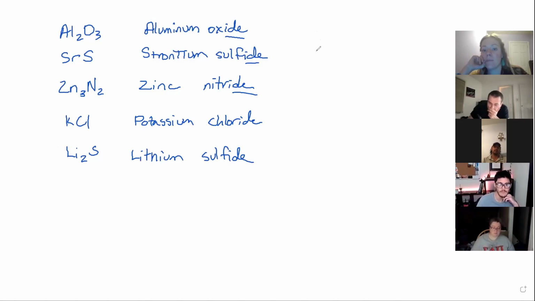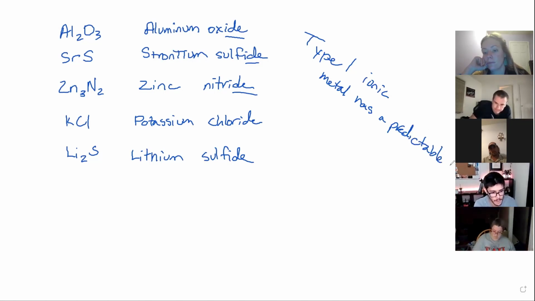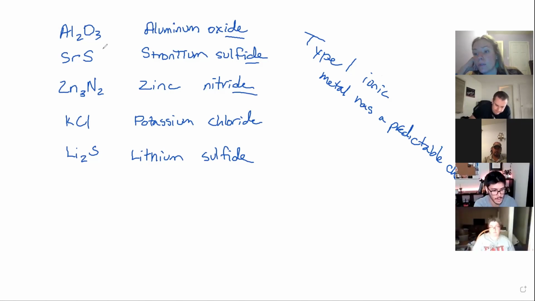These are all type 1 ionic, meaning that the metal has a predictable charge. In that case, if the metal has a predictable charge and it's ionic, you don't need to take into account the subscripts.